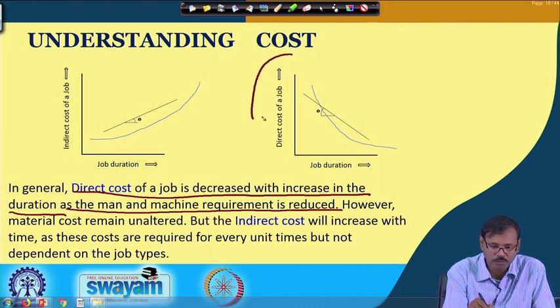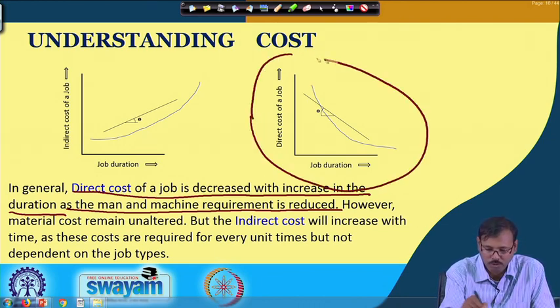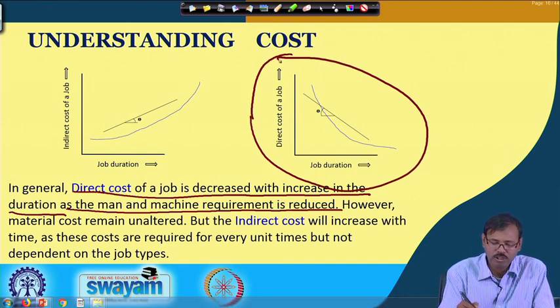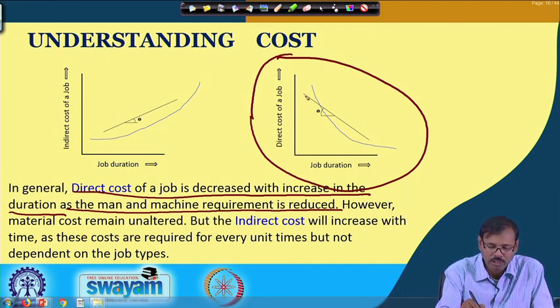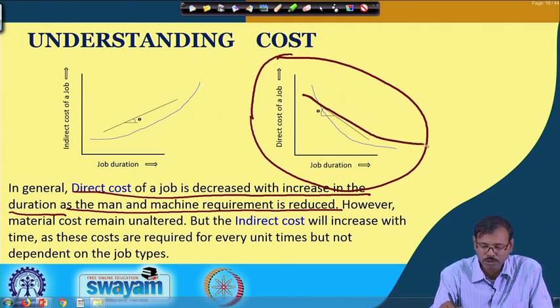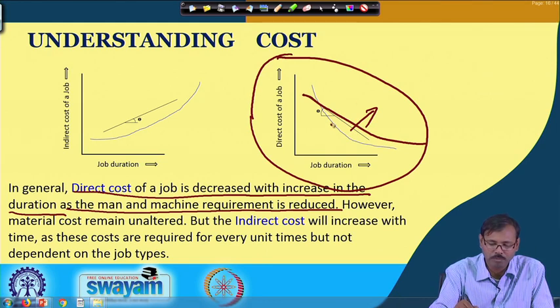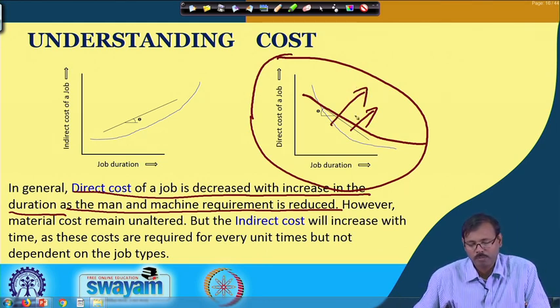Actually this has to be reversed, but unfortunately it has been wrongly placed here. The trend of the direct cost is that with the increase in job duration it goes down. It may be a straight line or a power curve, whichever, but the trend is that it reduces with the duration.